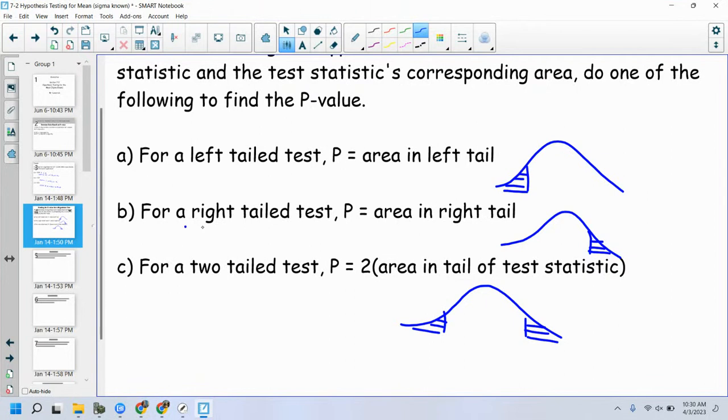The weird part comes in the right-tailed test, because thinking back to our z-scores, the area in the tables, the area underneath the curve on your z-score chart, is always the left side. It's always the left tail. So you just have to take the complement, 1 minus, if it's a right tail.